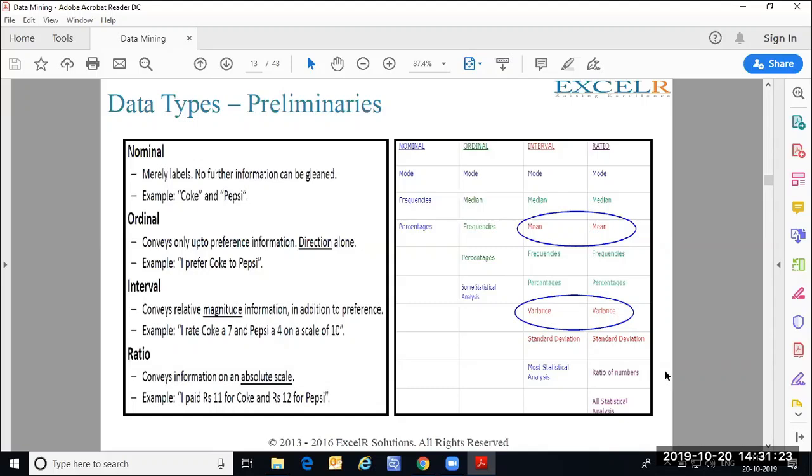Interval, as the name suggests: out of a scale of 10, if I ask you to rate how much you like Coke, how much you like Pepsi, would I not get more information than the ordinals? Definitely we'll have more information, right? We have some quantitative measures associated now over a range of intervals.